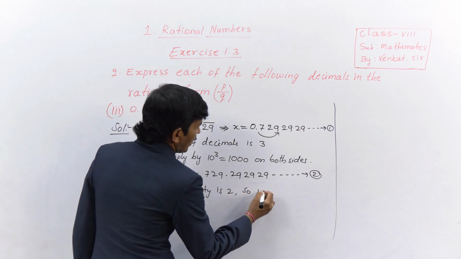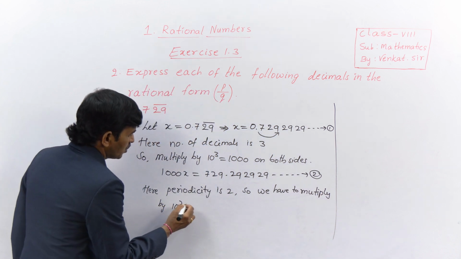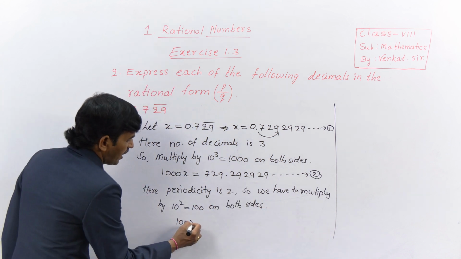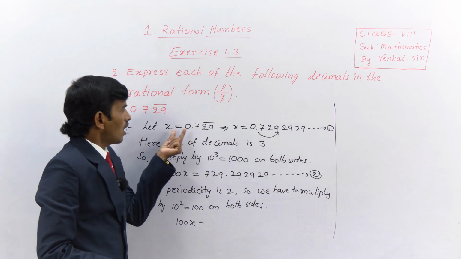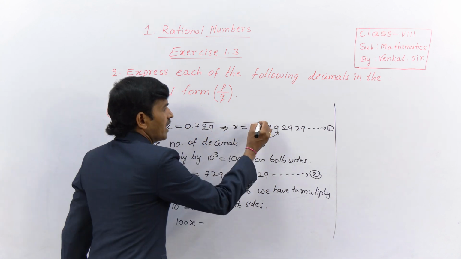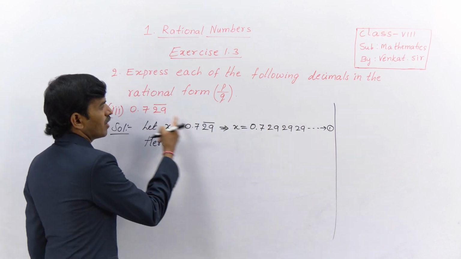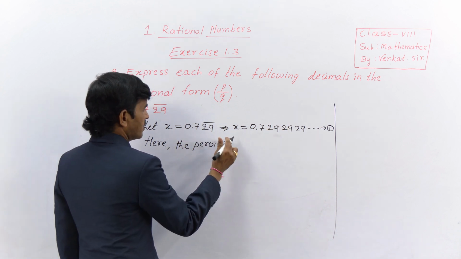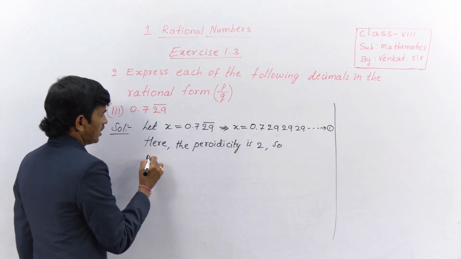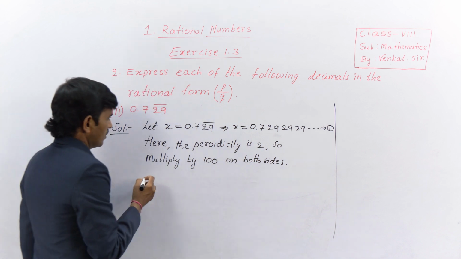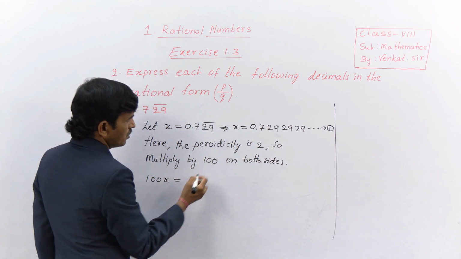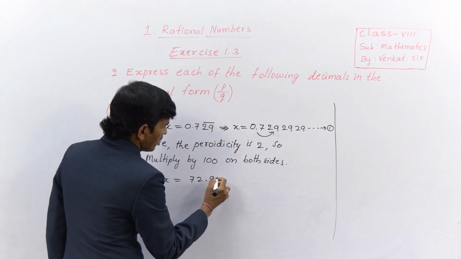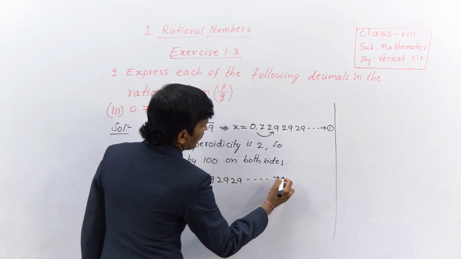So we have to multiply by 10 power 2, that is 100, on both sides. 100 times x, when the decimal point moves 2 digits, gives 72.92929 and so on. So that is equation number 2.